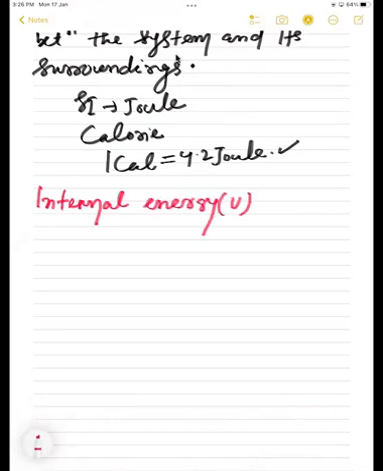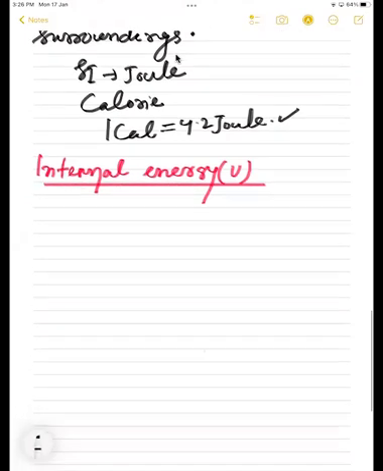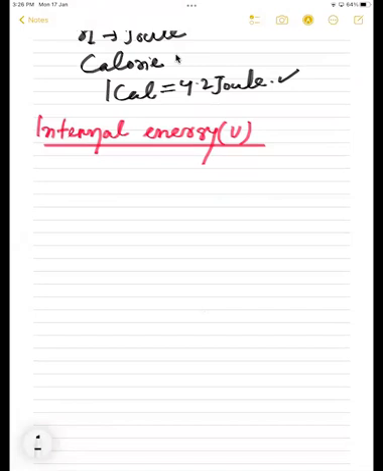Next is internal energy. What is meant by internal energy, students? Internal energy is the sum of molecular kinetic and potential energy in a frame of reference relative to which the center of mass of the system is at rest. As I told, let a bullet be moving.